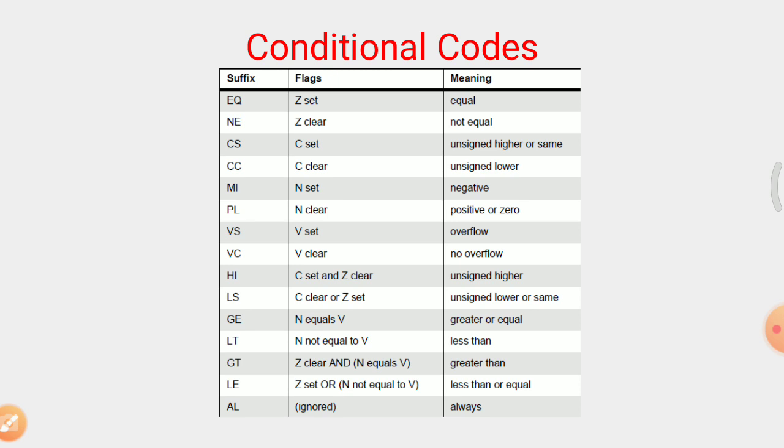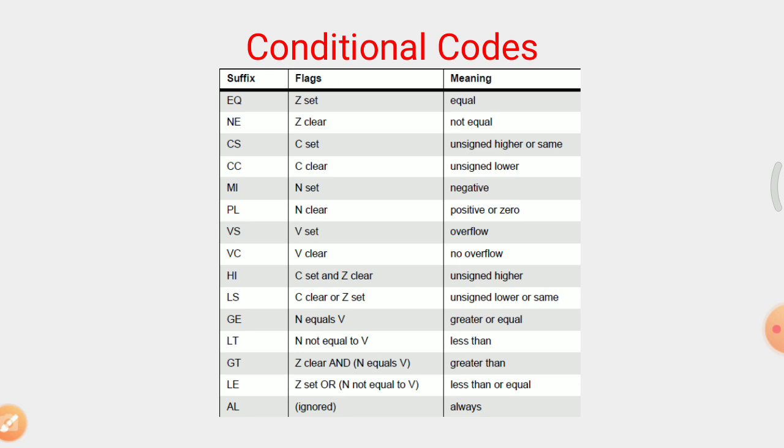Here we have to look at the CPSR, that is the current program status register, where we have a flag field which contains the carry flag C, zero flag Z, negative flag N, and overflow flag V. So whenever we add EQ in front of any instruction, that instruction is going to be executed only when the zero flag is equal to 1.